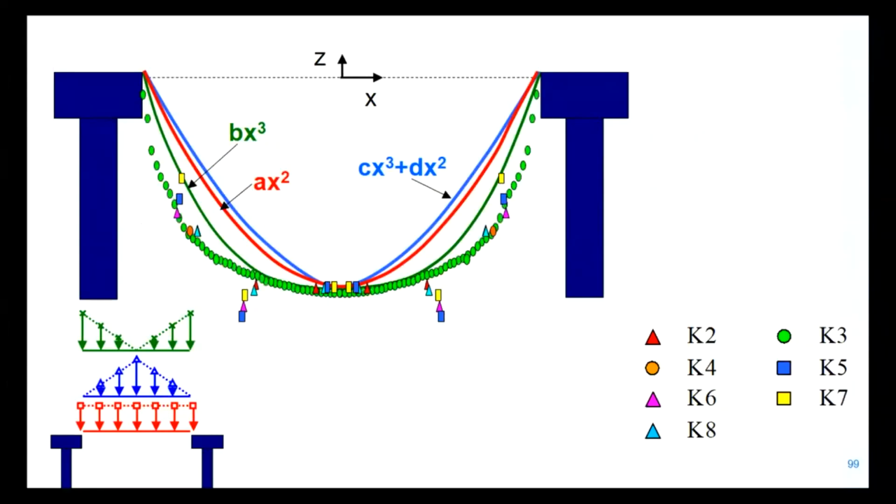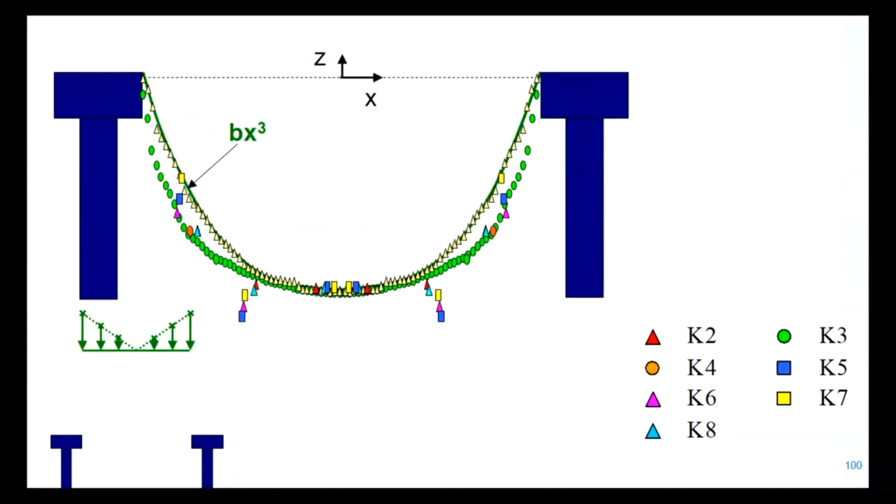We also measured with the scan transducer, we scanned this shape in one direction, and in the other direction we had this shape. So from this, we concluded that all measurements were on the green deformed line or outside. So apparently this load distribution is better than the others.